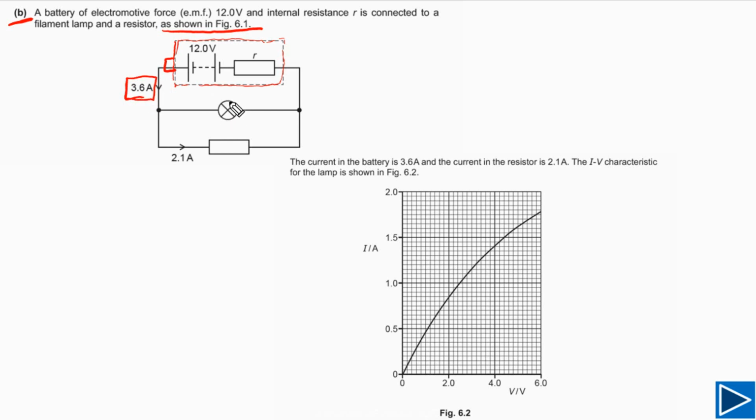One lamp is connected here, this is the symbol for the lamp, and a resistor is connected here, and the current passing through the resistor is also given. This is 2.1. In figure 6.2, you can see the IV characteristics curve for the lamp, meaning we have a graph between I and V for the lamp.